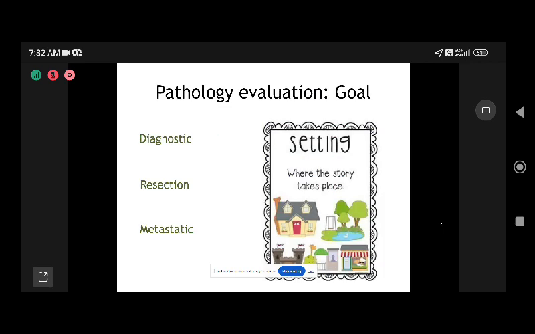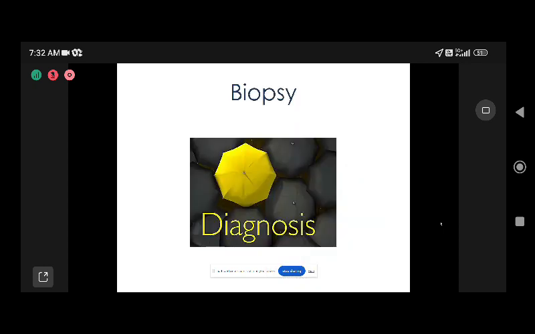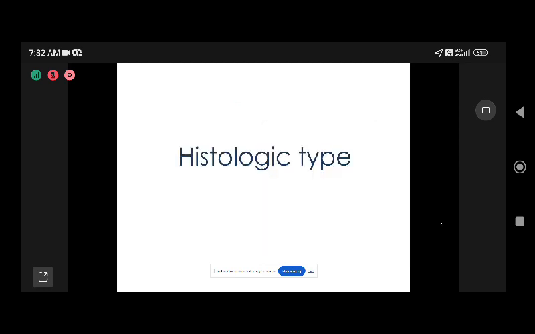The goal of pathology evaluation changes with the setting of the specimen. It can be in the diagnostic setting. Our job is different from when we deal with the resection specimen or when we have a specimen in the metastatic setting. In the diagnostic setting, we usually get a biopsy, and our main job is to confirm whether there is malignancy or not, and to provide the histologic type of the malignancy.